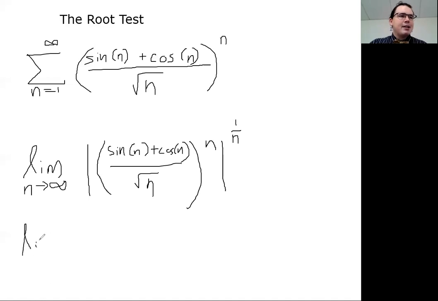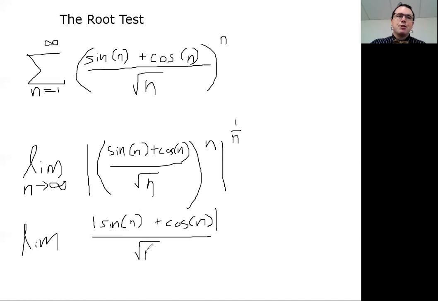So I'm looking at the limit. Here, the numerator is the absolute value of the sine of n plus the cosine of n. Since the denominator is a square root and square roots are always positive, I don't need the absolute value bars there.